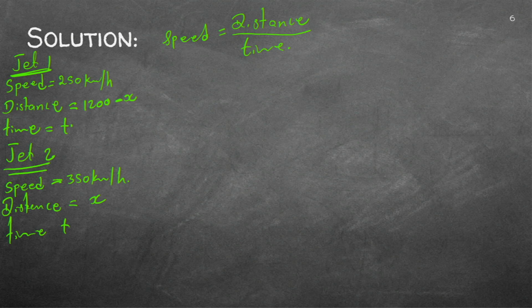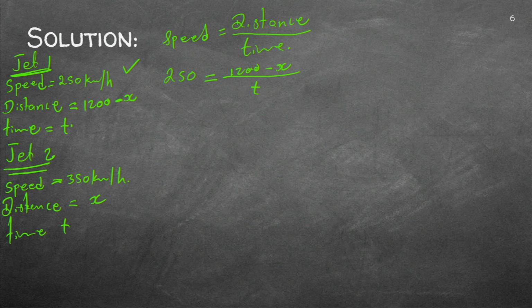Let me do jet number 1 in green, and then I'll do jet number 2 in orange. So the speed of jet number 1 is given as 250 kilometers per hour. And what is the distance? The distance is given as 1200 minus x divided by time t, because we don't know that time, right?